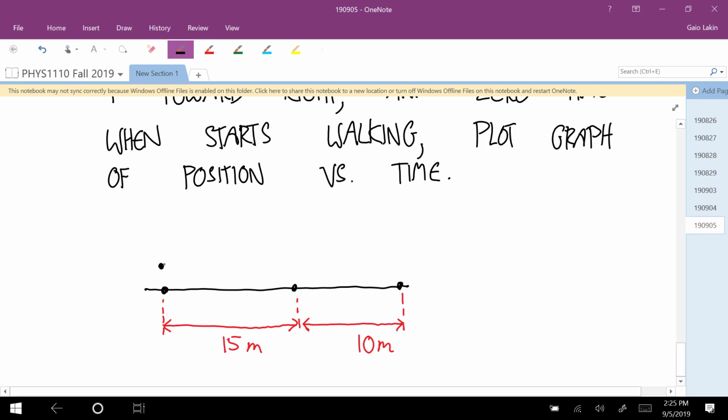Okay, so the person goes out here and gets to the car, and this leg of the journey takes how long from this point on the left to where the person gets to the car? Yeah, 15 seconds, that's given. And then it takes 10 seconds for the person to get back to here.